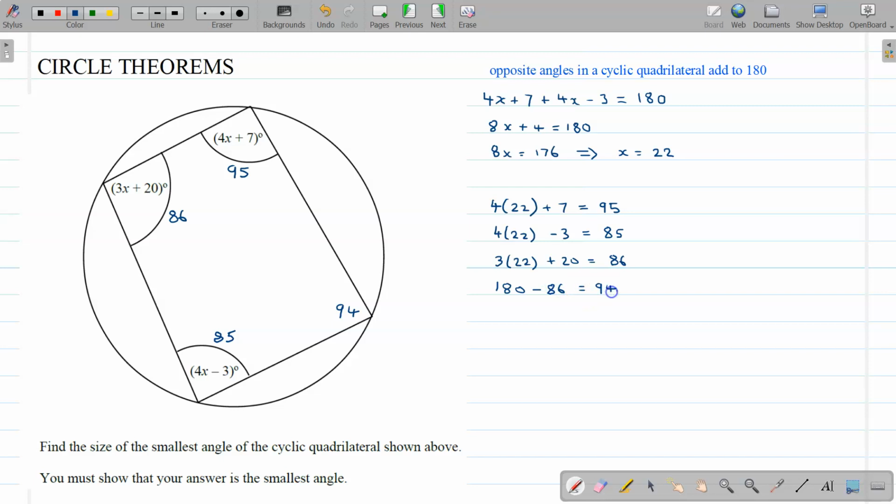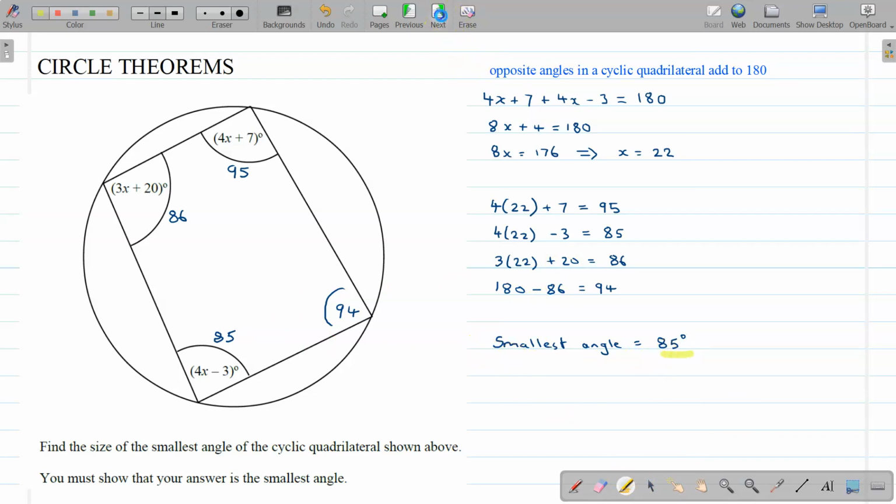So that's full working out to show the 4 angles, and from that, of course, we can easily see that the smallest angle equals 85 degrees. The working out is clear and supports that answer.